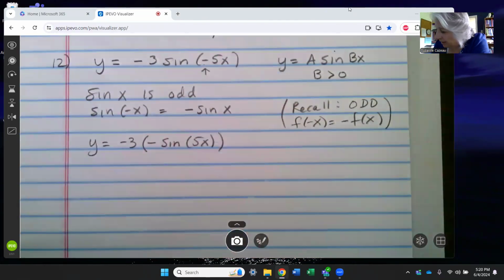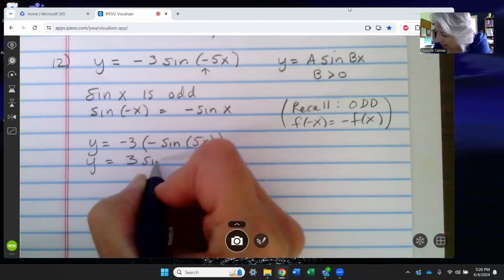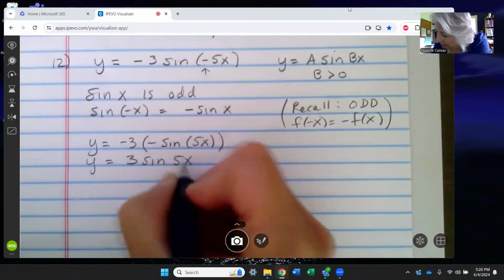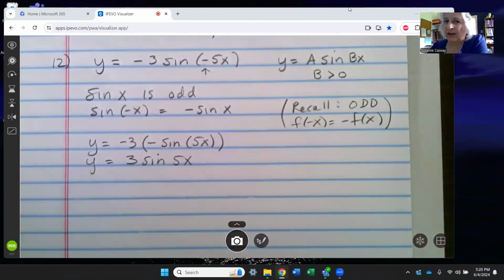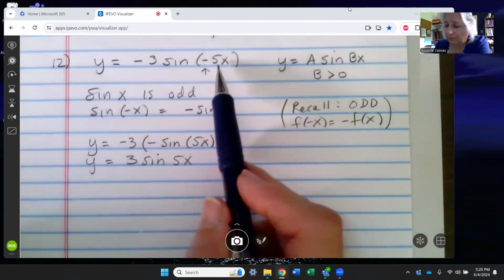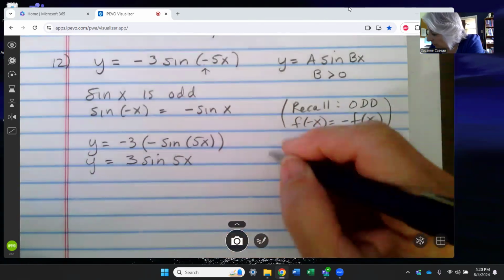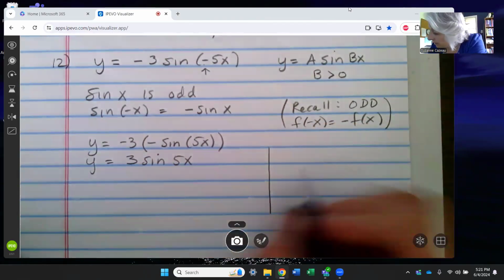And that's just going to be a +3 sine of 5x. Once you get the hang of that, you're going to look at that and go, oh, 3 sine 5x. Yep. And this is what we want to graph. We don't want to try to figure out what this graph looks like with that negative there.